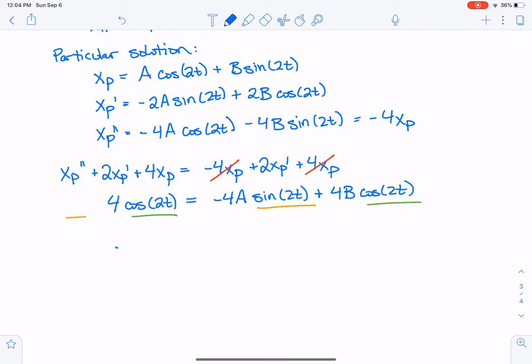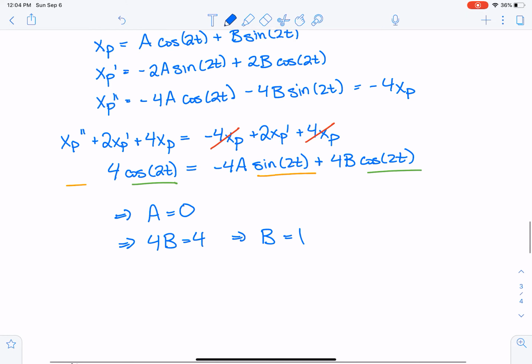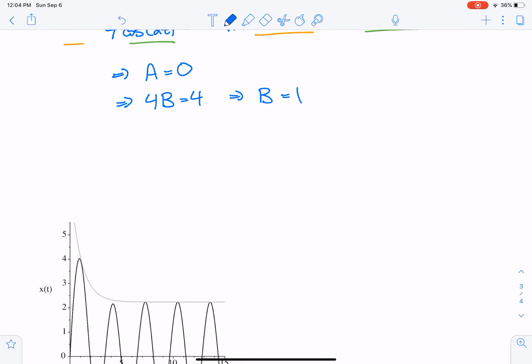So I'm going to get that 4B is going to equal 4, or B is going to equal 1. Okay, so that gives me my particular solution. It's just sine 2t.